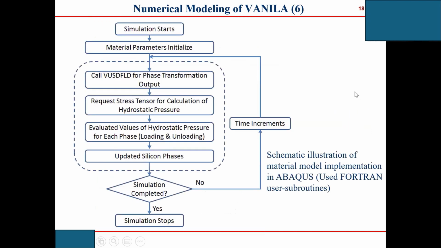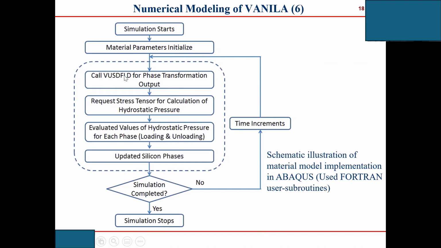So here is a flow chart, and this is the implementation. Here is the numerical modeling flow chart. These are silicon's material parameters initialized. Look here, as for the phase transformation, we use SDVINI for the phase transformation output.